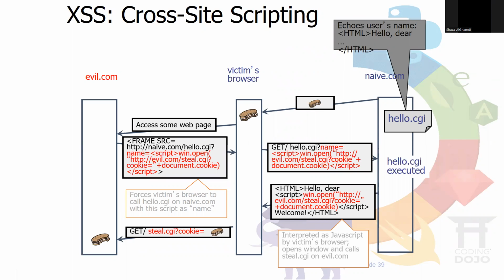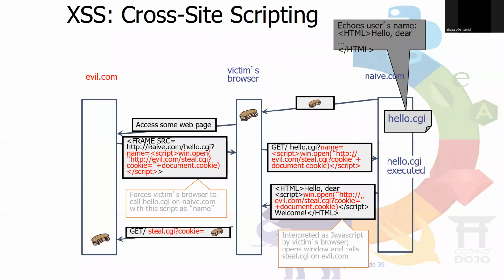Now, if he has your session ID or your cookie ID, he has managed to exploit the trust relationship between you and this website. Again, what happened here? You get authenticated, and then you somehow get tricked into accessing this website.